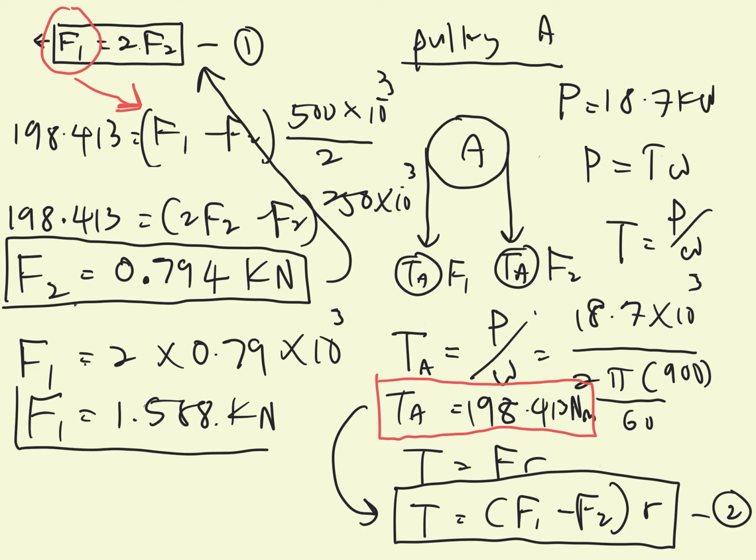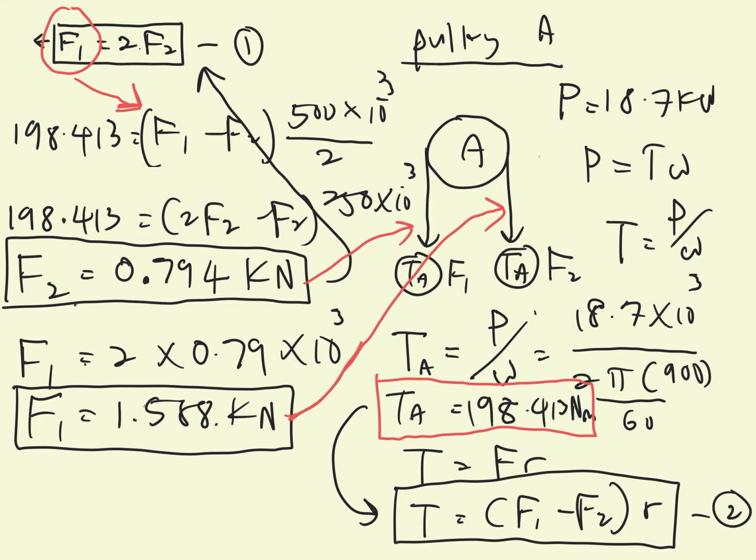So this is the tension on the tight side, and F2 is the tension on the slack side.